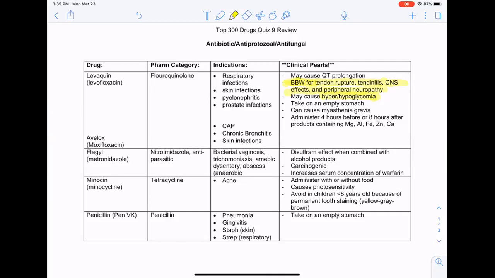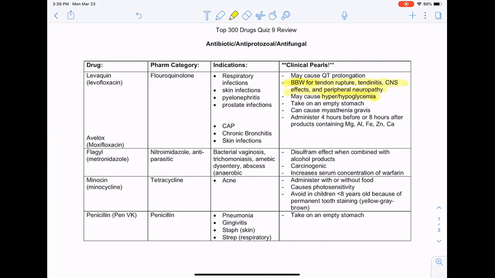So trichomoniasis is an STD that's caused by a parasite, in case you guys were not familiar. Amoebic dysentery is an infection that happens when you drink contaminated water, specifically contaminated with amoebas. So think about parasites and different bugs.